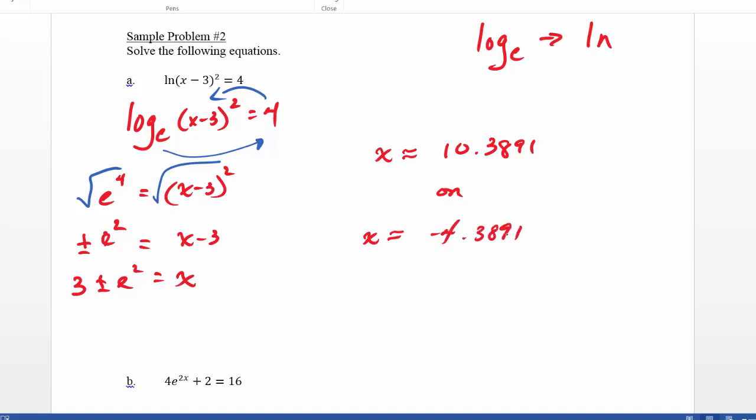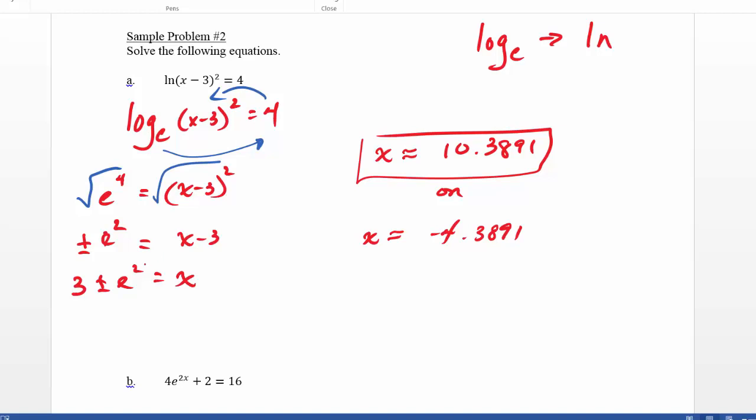Now, if we take a look at this, it says x is a negative 4.3891. If you were to plug that back in, you would see that that value would actually be extraneous and could not work. I would not plug it in as a decimal.